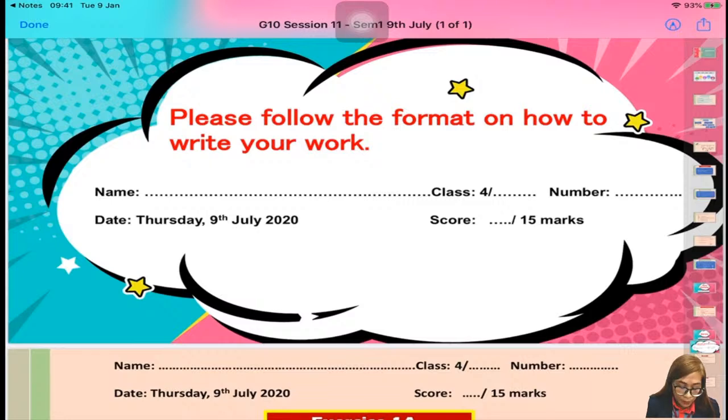On your student's line paper or A4 paper, above you write your name, class 4/something, number, and the date.